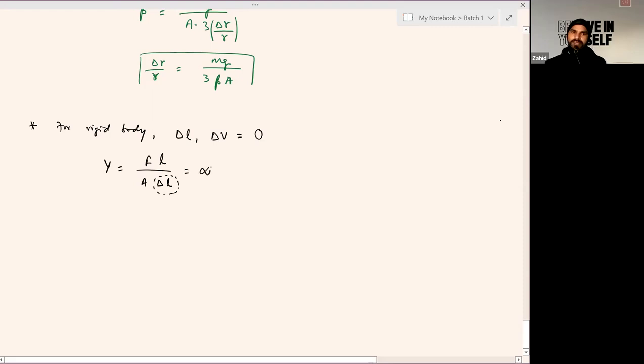So Young's modulus in this case will be infinite. Similarly, shear modulus and bulk modulus will be infinite. So if you are asked what should be the numerical value of the modulus of elasticity for a perfectly rigid body, you'll say it should be infinite. Is it clear?